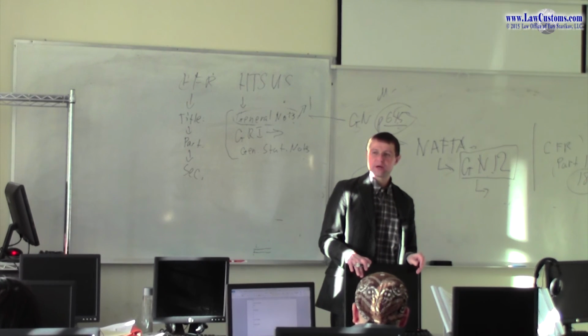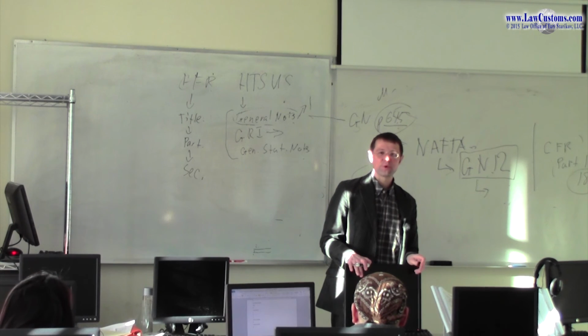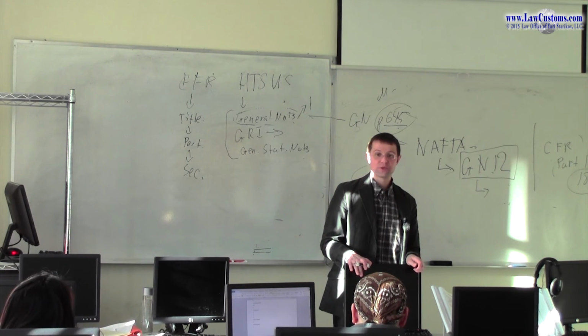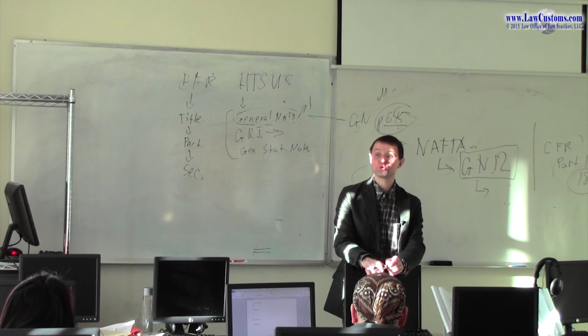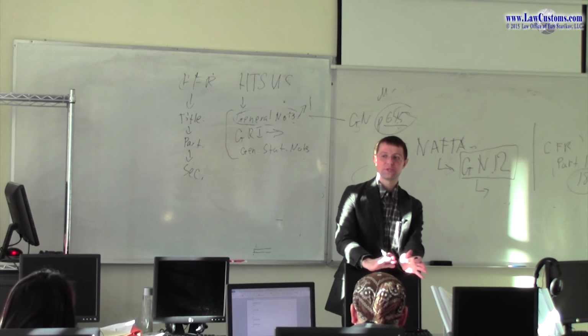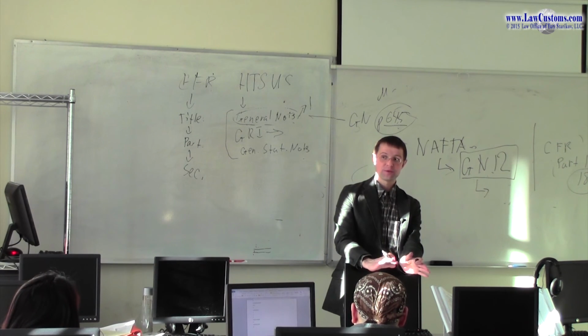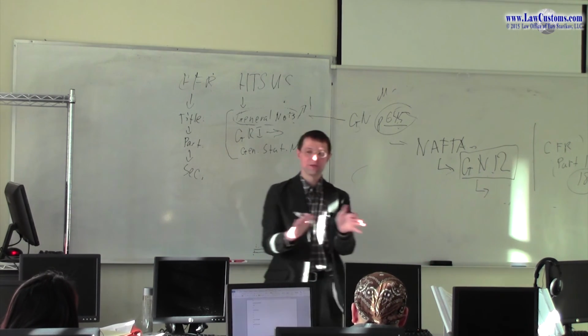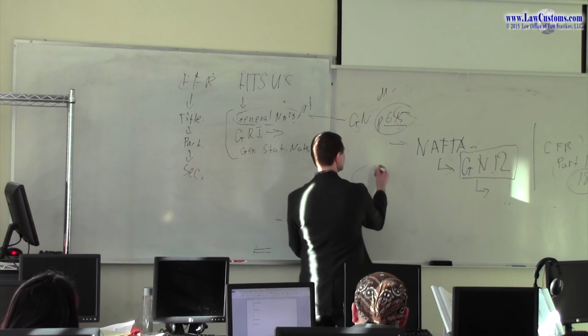They also provide for the customs territory of the United States, General Note 2. It's redundant, so you can find what's the customs territory in General Provisions 101. But if you forget that, you look at General Note 2.